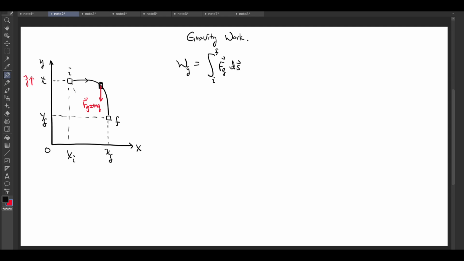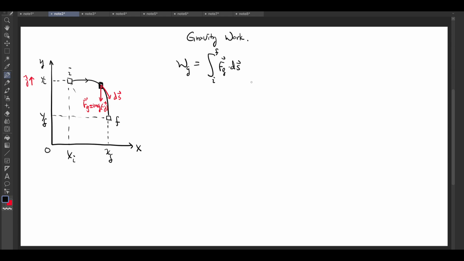Remember, j hat is the unit vector along the y-axis. So here it's negative j hat. Now the ds here is along the tangential direction of the path. So let's say that's the ds. All right, so now we have that.